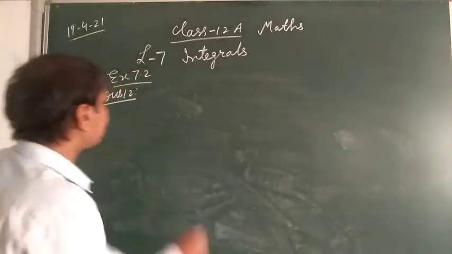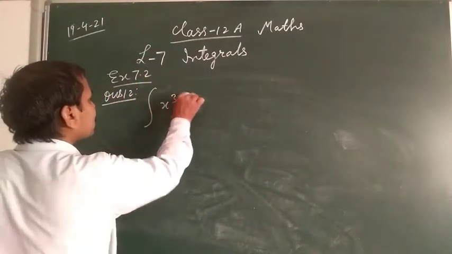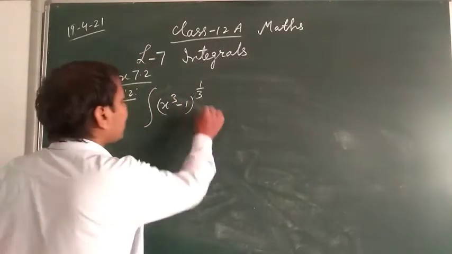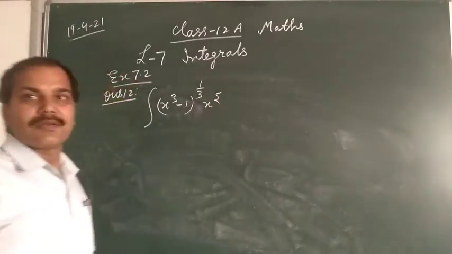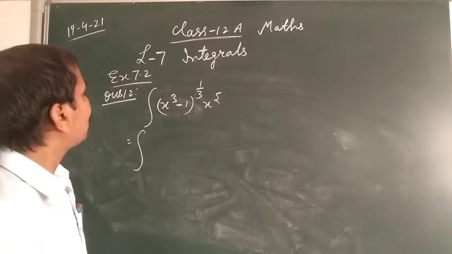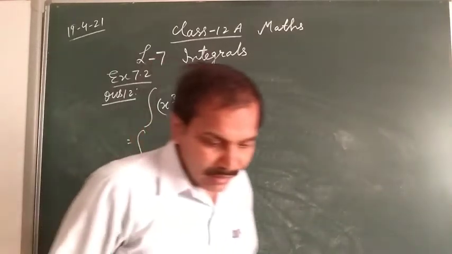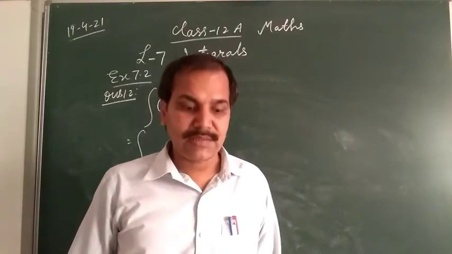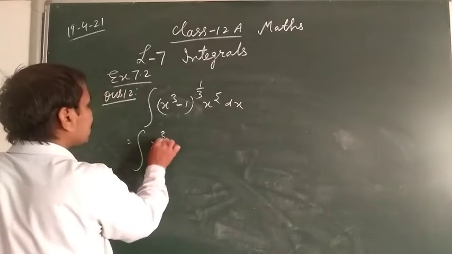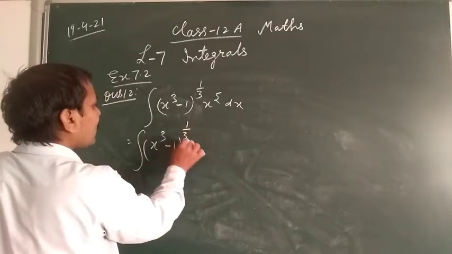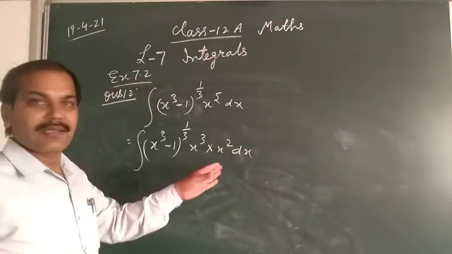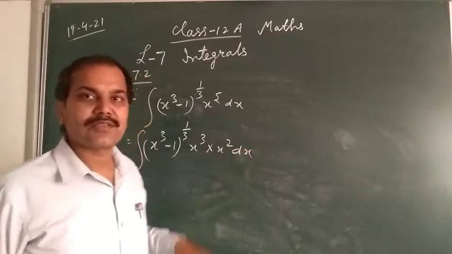x power 3 minus 1, x cube minus 1 power 1 by 3, x power 5. So here x cube minus 1 power 1 by 3, and this x power 5 you write like this: x power 5 we can write as x cube into x square.